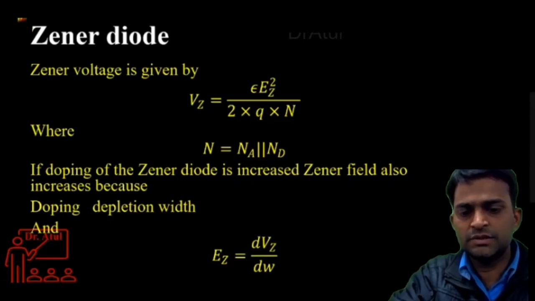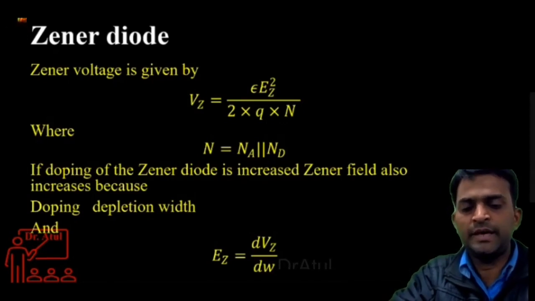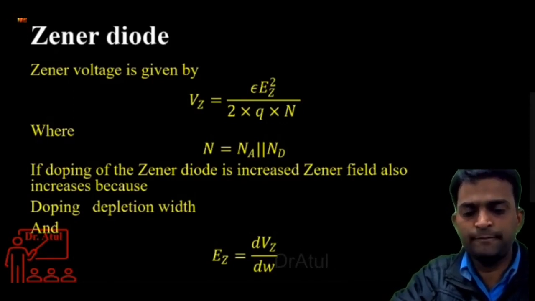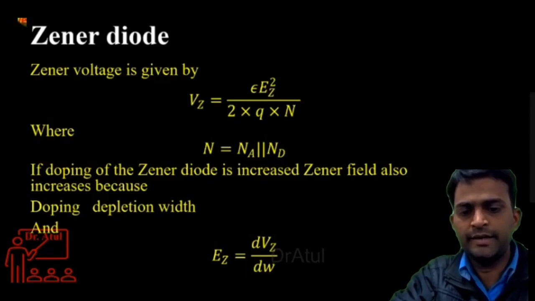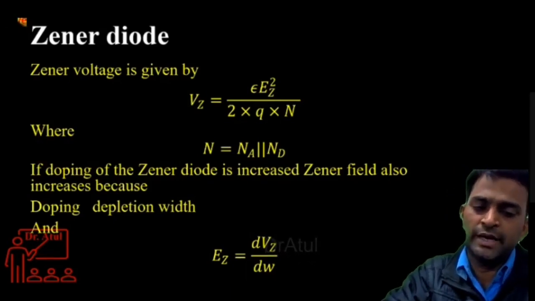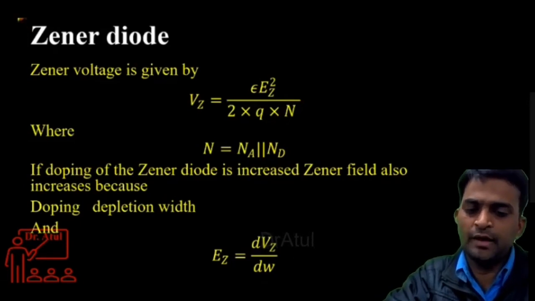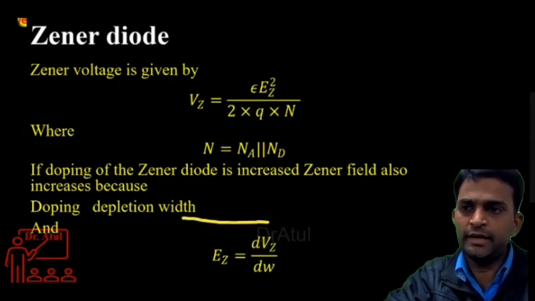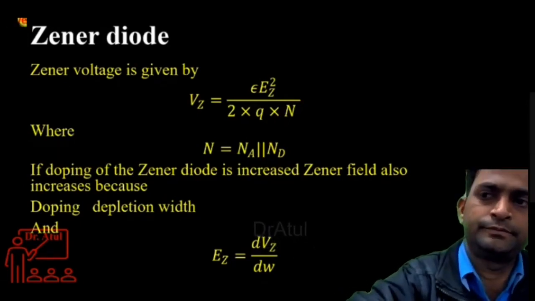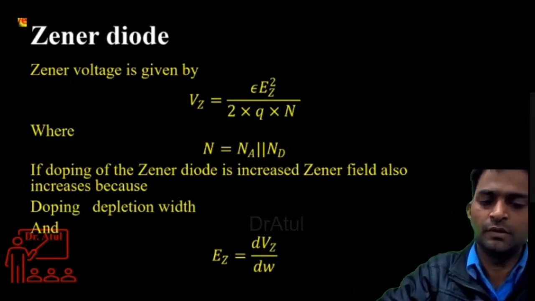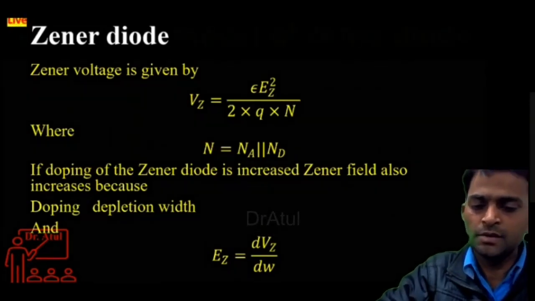So this average is the parallel combination of Na and Nd. So Na is the acceptor ion concentration on the P side, and Nd is the donor ion concentration on the N side. So Na parallel Nd means Na Nd upon Na plus Nd. Okay, let's go further.